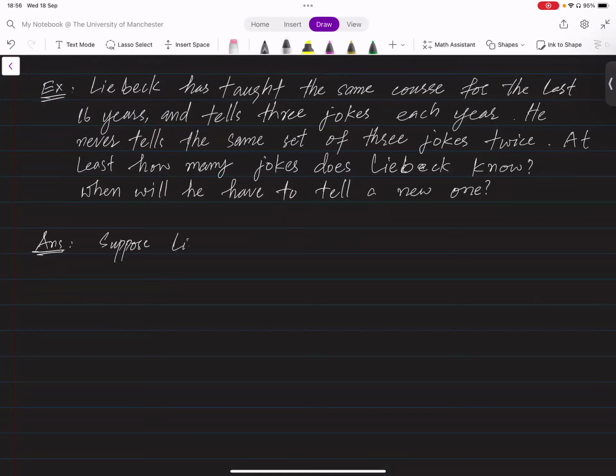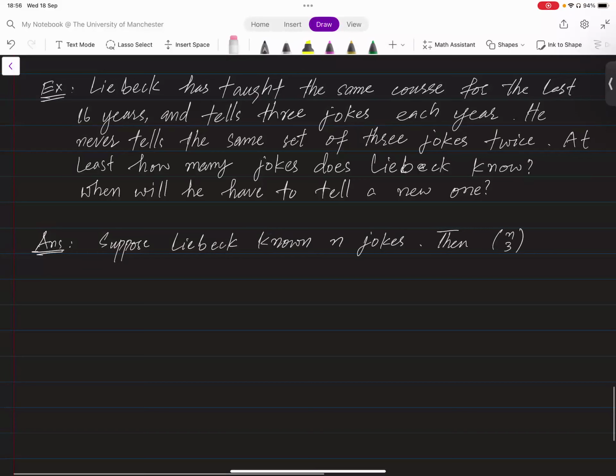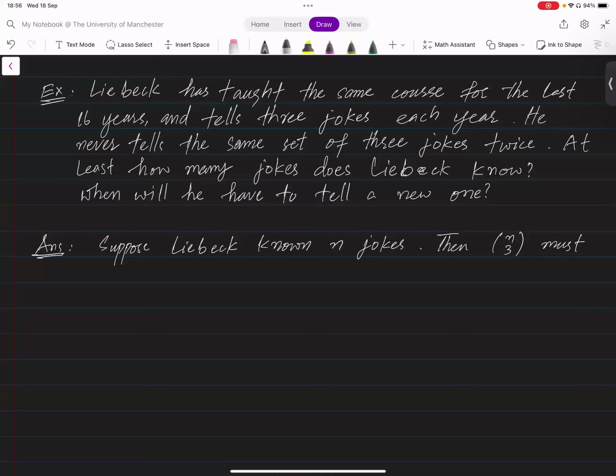Suppose Liebeck knows n jokes. Then n choose 3 must be at least 16, since 5 choose 3 is 10 and 6 choose 3 is 20.